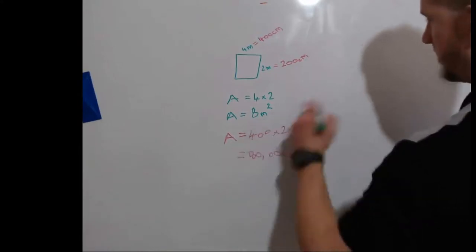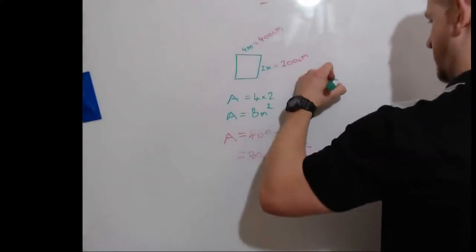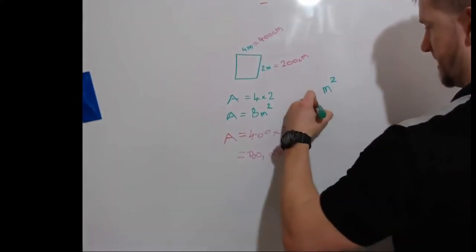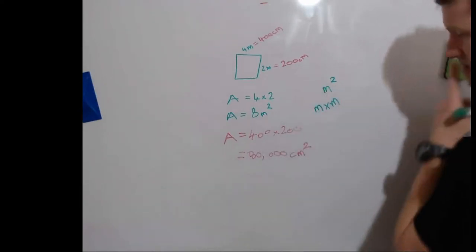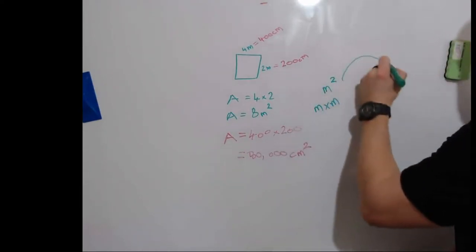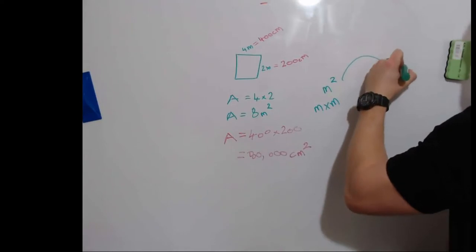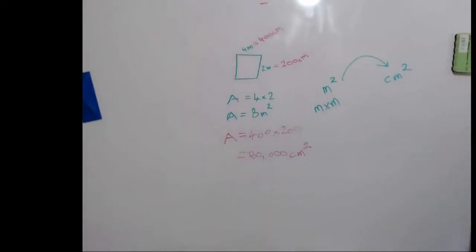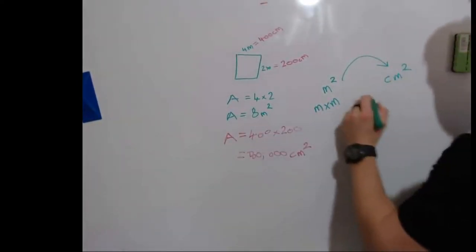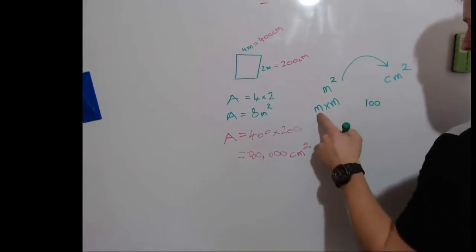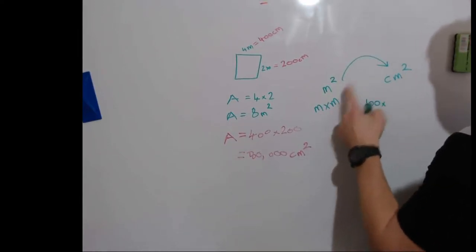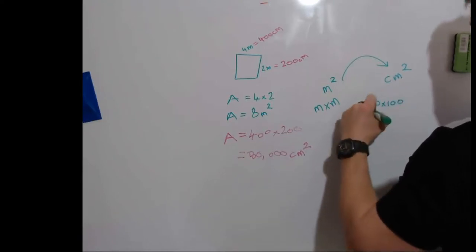If I wanted to convert from one to the other, meters squared is meters times meters. If I wanted to go to centimeters squared, well, meters to centimeters is 100, and I'm timesing it by meters to centimeters, which is 100.